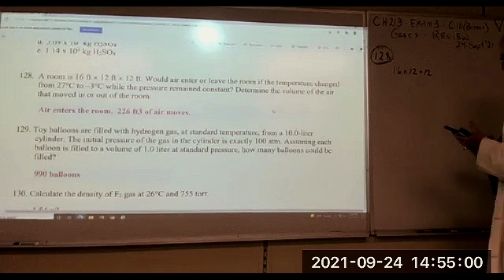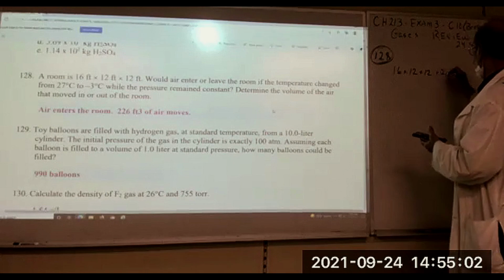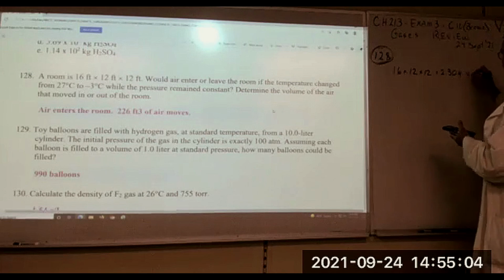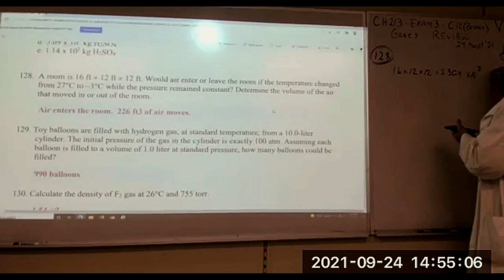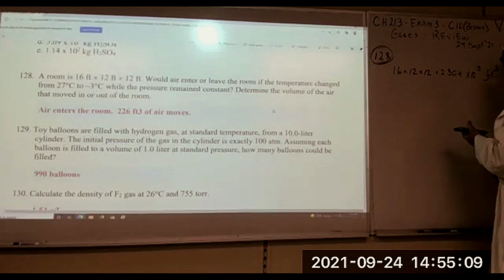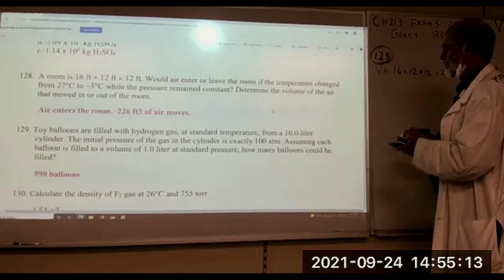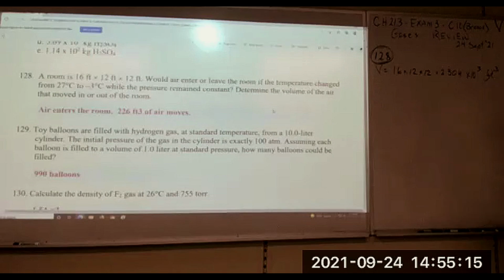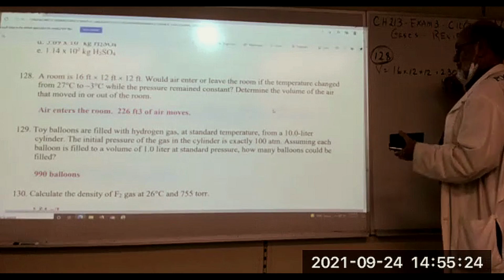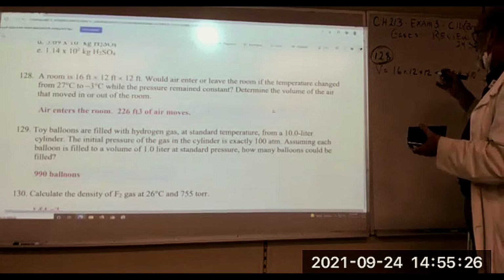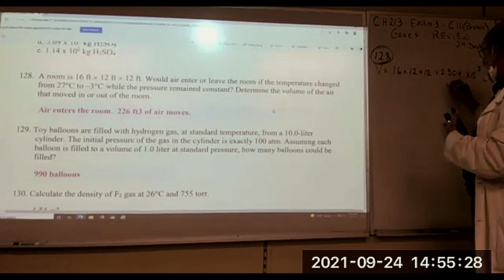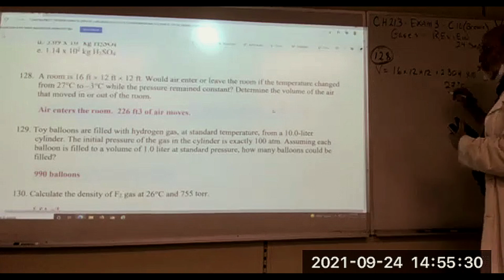So that's 2.304 times 10 to the third cubic feet. That's the volume of the room. And this is the volume of air in the room at this temperature, 27 degrees.